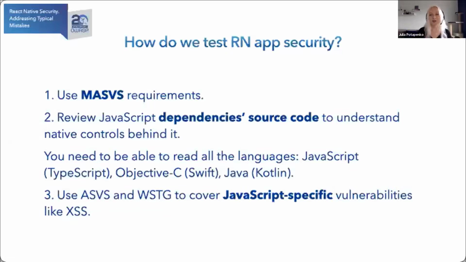A challenge here is that, okay, now we have JavaScript code, and by default, the native code for React Native applications is written in Objective-C and Java, which are not the latest tendencies, let's say. And the truth is that it is very likely that you will also deal with TypeScript together with JavaScript.